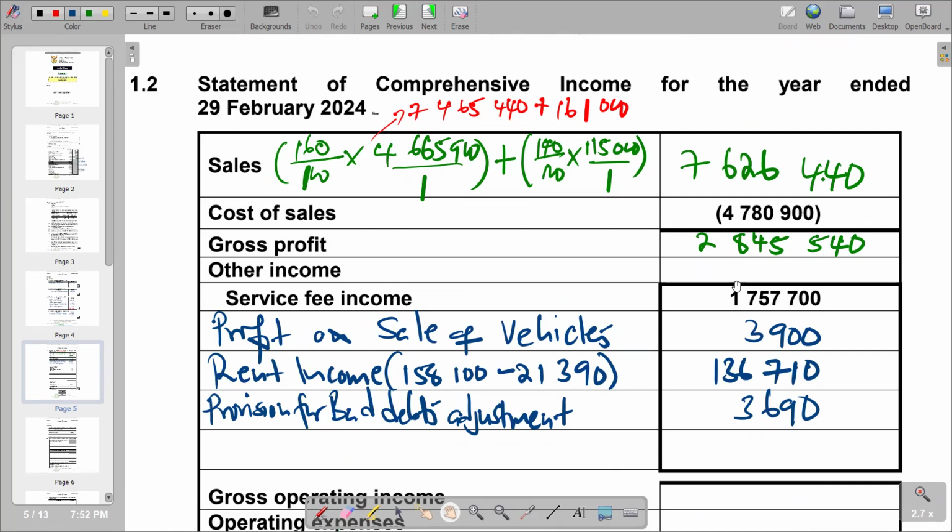And then we get the total that is supposed to come here as 1,902,000. You are supposed to say gross profit plus other income, then you get the gross operating income.